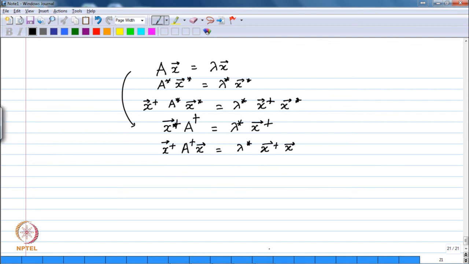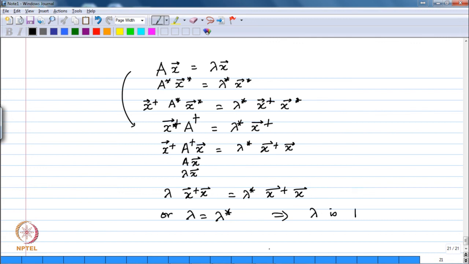And A dagger x is nothing but A x. So, this is equal to A x, this is equal to lambda x. Okay. So, what I get is that lambda times x dagger x is equal to lambda star times x dagger x, or lambda equal to lambda star. Okay. So, this implies lambda is real. So, a Hermitian matrix has real eigenvalues.